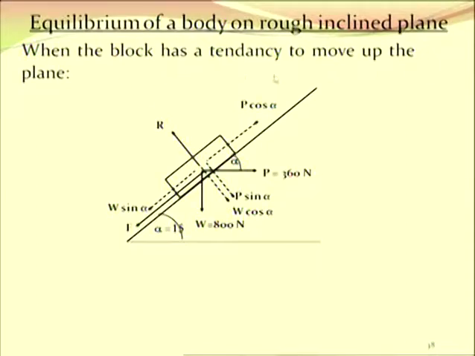When the block has a tendency to move up the plane, so here the block is moving upside, then we can say that friction is acting downwards. So in this figure it is shown with F, and what is given to us, that is weight W 800 Newton, horizontal pull P 360 Newton, alpha which is 15 degree. So those things are given to us.